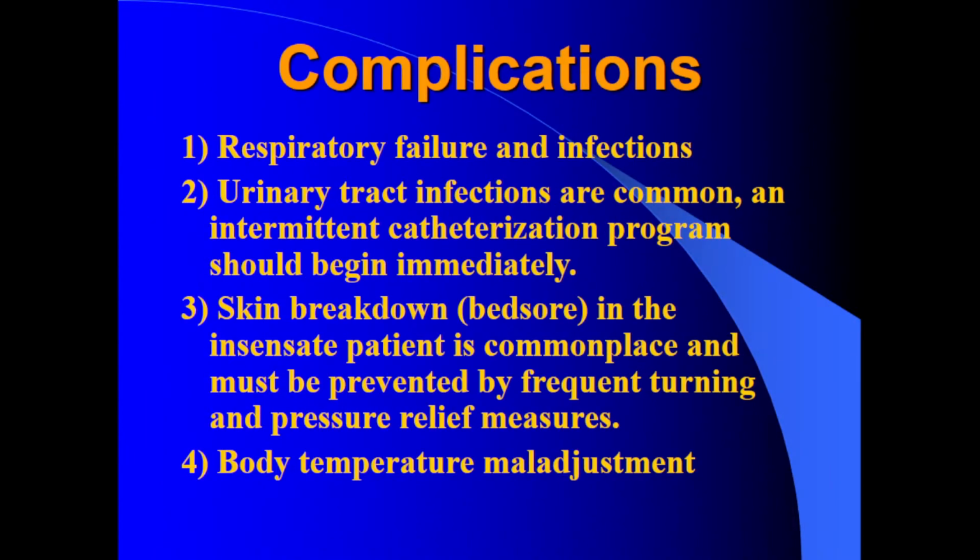A few words about the possible complications. The first one, as you can see, is respiratory failure and infections. The second one is urinary tract infections, quite common in case of an intermittent catheterization program, or in general, if a patient has prolonged catheterization of the urinary bladder.